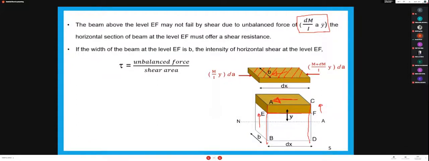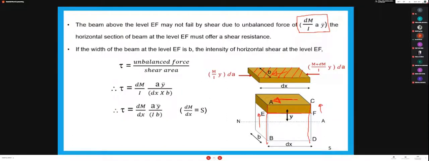So B into dx is the shear area. So dM by I into A into y bar divided by dx into B. Okay. So dM by dx is known as the shear force, because we have seen the relation between shear force and bending moment: the slope in the bending moment diagram is given by the shear force. So dM by dx is S. So ultimately the equation of shear stress is S A y bar divided by I into B. That is the equation of shear stress at any section.